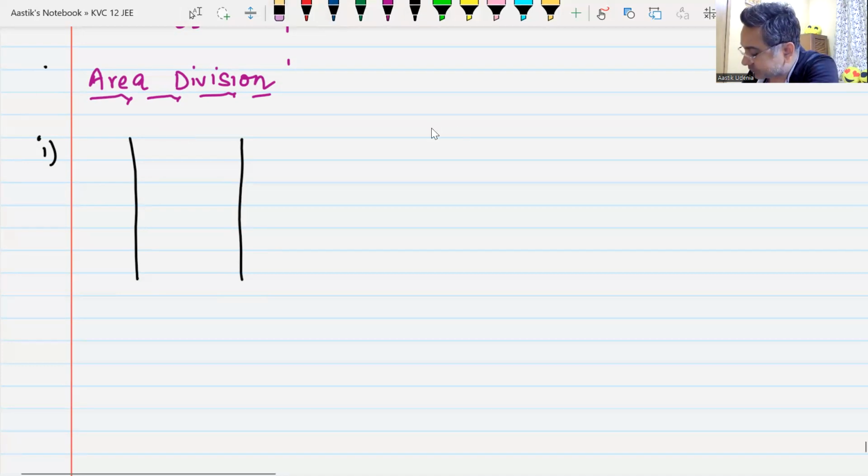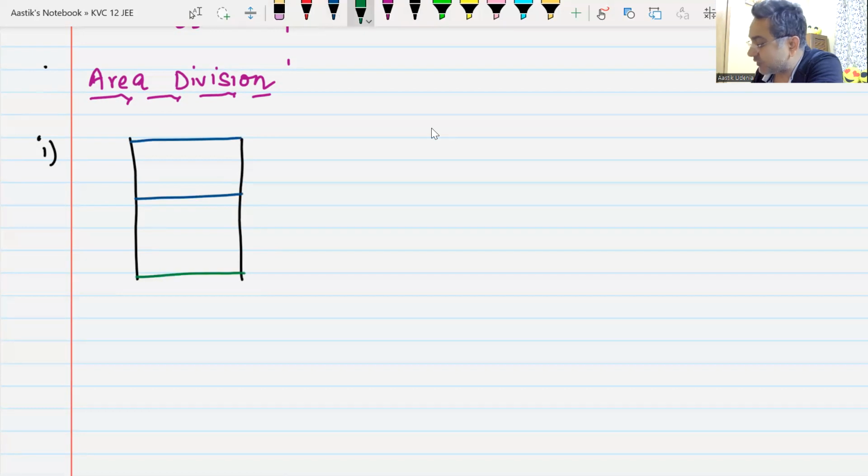Okay. Now I completely fill it up, let us say, with two dielectrics in this fashion. The blue dielectric has dielectric constant K1 and area A1. The green dielectric has dielectric constant K2 and area A2.